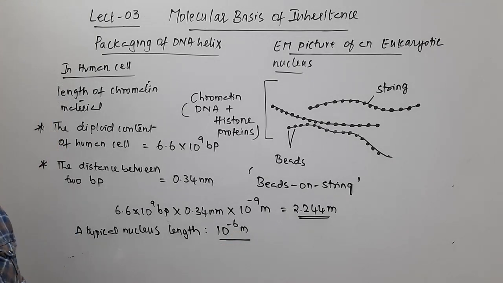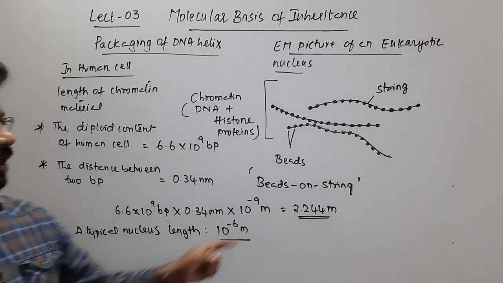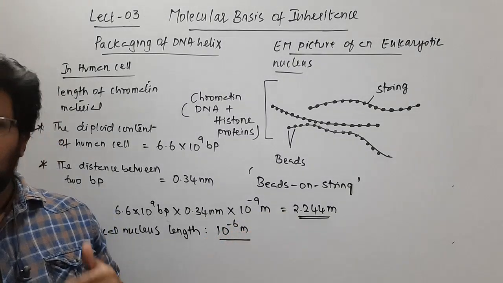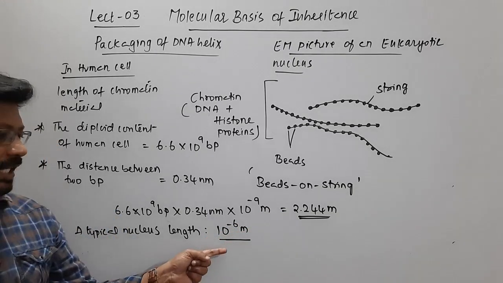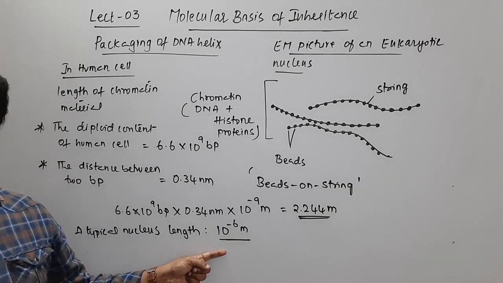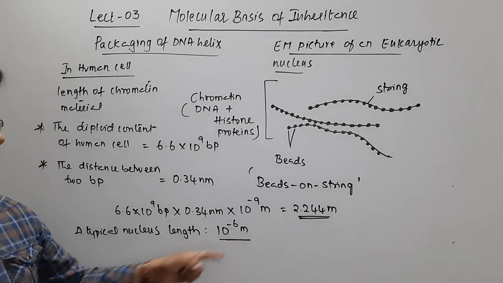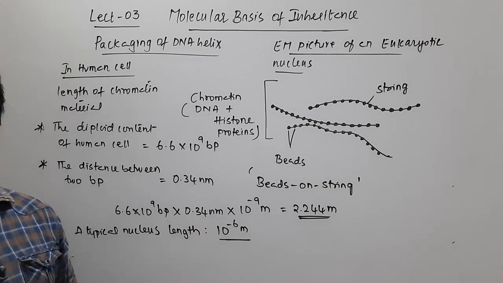Now the question arises, how is this 2.2 meter long chromatin material going to be present inside a nucleus that is only 10 to the power of minus 6 meter?